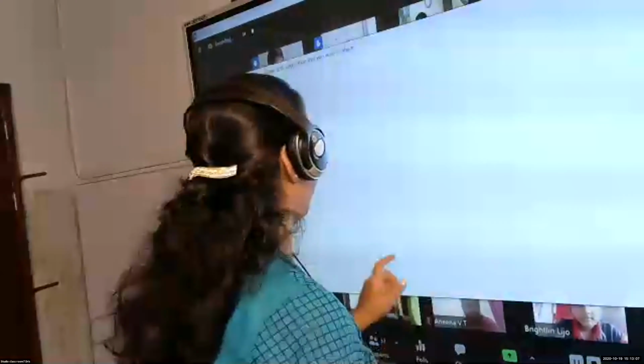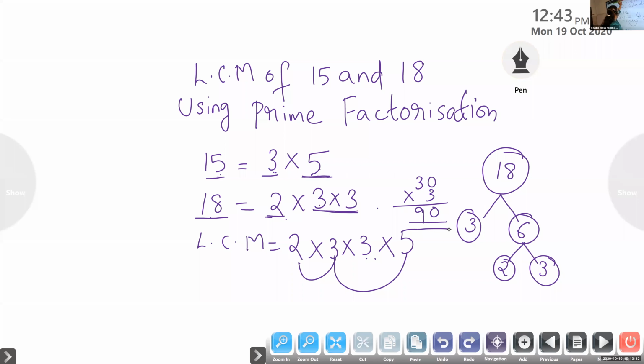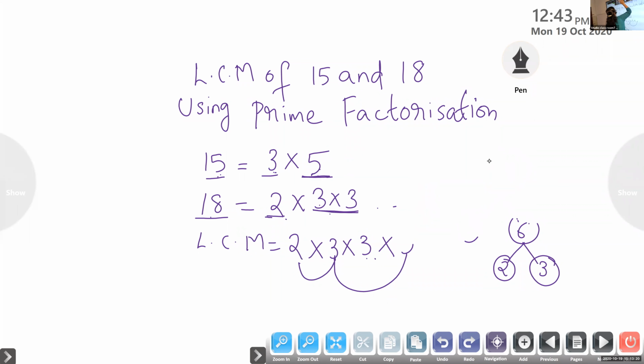So, children, first what you have to do? You have to write 15 is equal to 5 into 3. Yes, Gautam. Ma'am, 18 we can write 9 into 2 also.